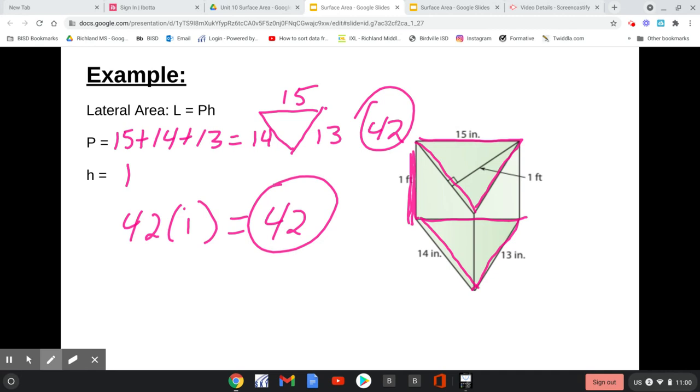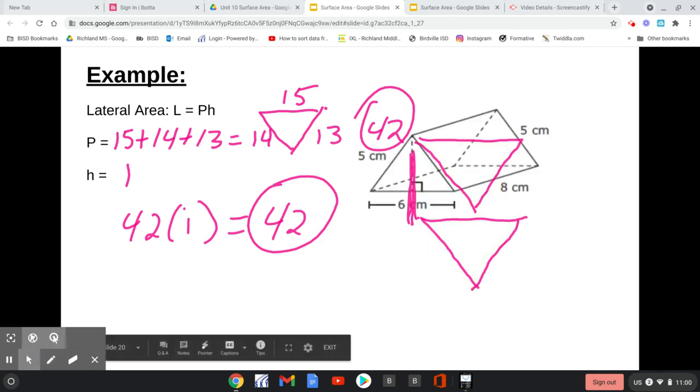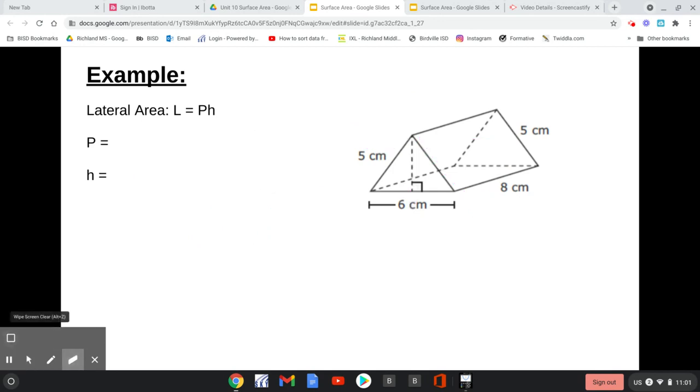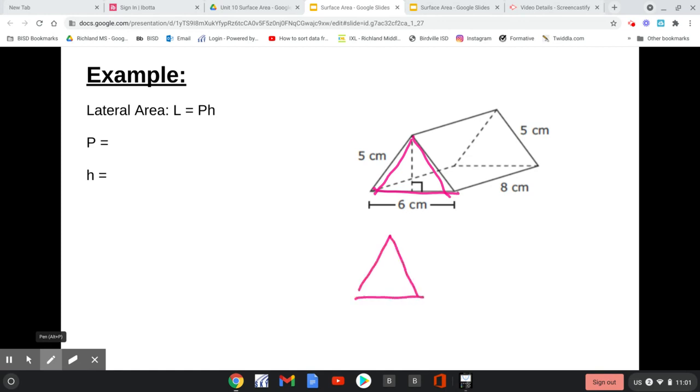Let's see if we have another one. Yes. Okay. Once again, let's draw our base. Let's highlight our base and redraw our base. There's our base. I'm going to redraw it right here. And I know my sides are 6, 5, and that would be the same as that one, so that is 5 as well.